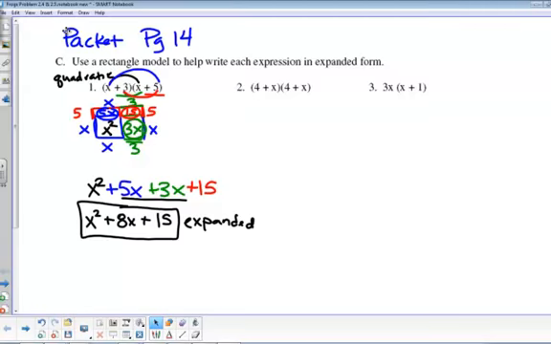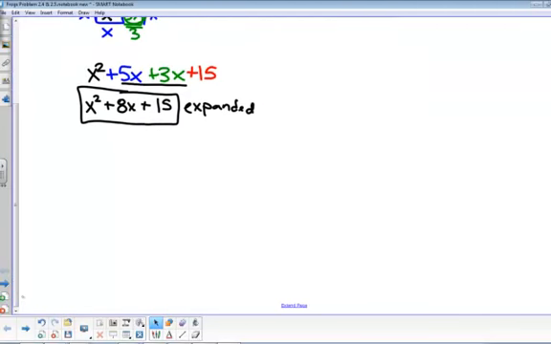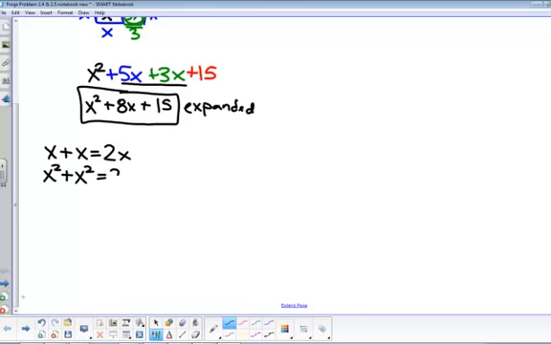On a little side note, and go ahead and write this somewhere on your sheet, x plus x is 2x. X squared plus x squared is 2x squared. X squared plus x is just x squared plus x. You can only add and subtract like terms. When it comes to multiplying, you can multiply anything.